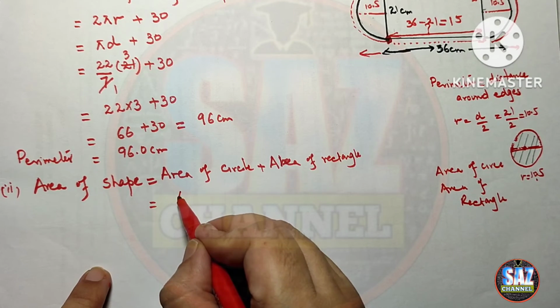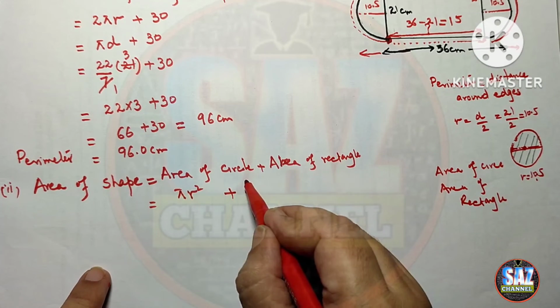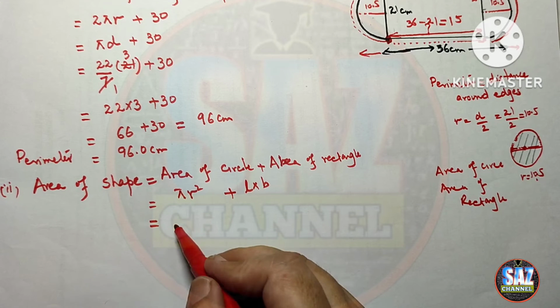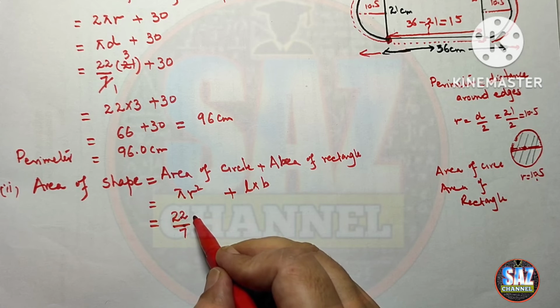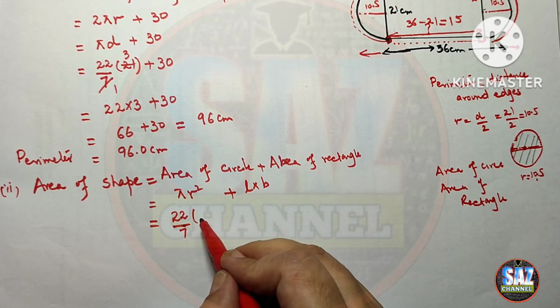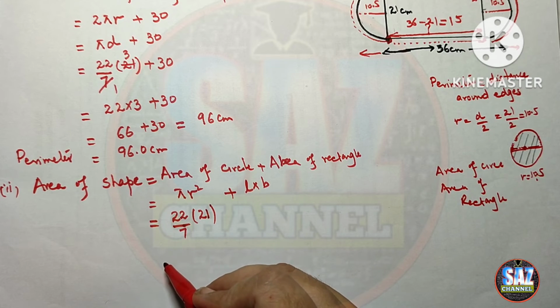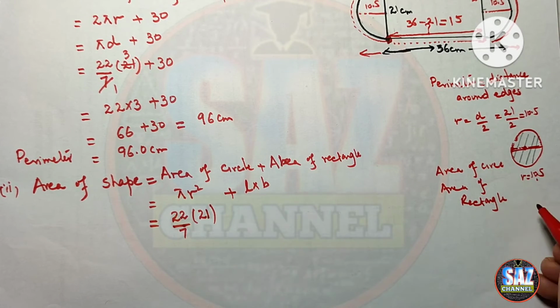Area of circle formula is pi r square, and area of rectangle is length multiplied by breadth, and pi is 22 by 7. Learn to make your calculation easy and simple, and you should have the practice of calculation without a calculator as well. Sorry, here 21 divided by 2 is 10.5.